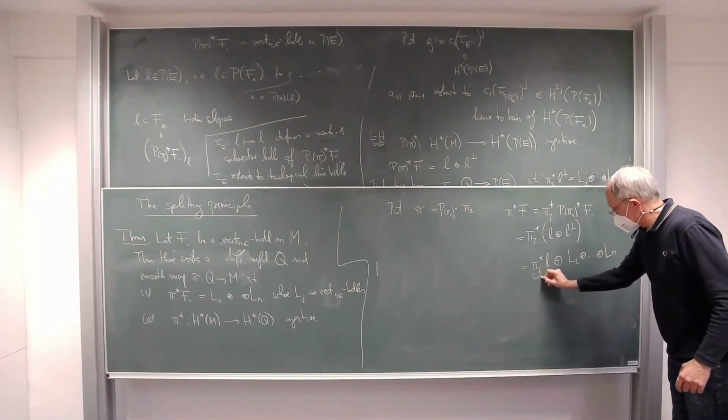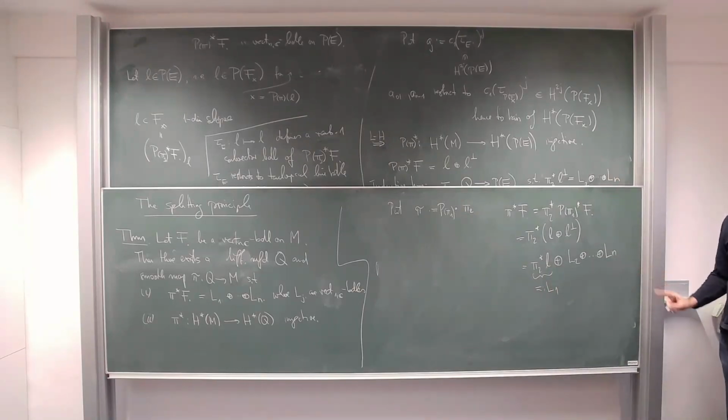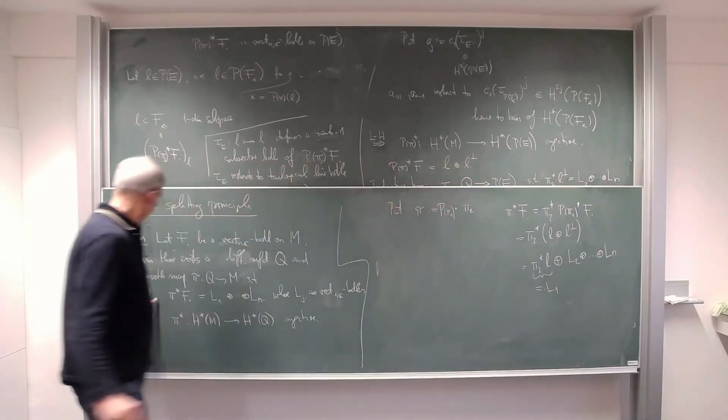So I can just call this L1, and I have a decomposition into lines of my pullback bundle. So this is condition number 1.